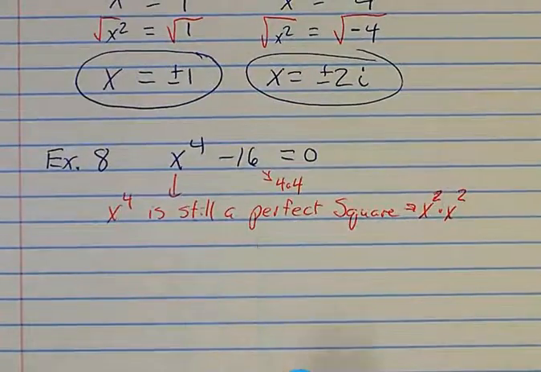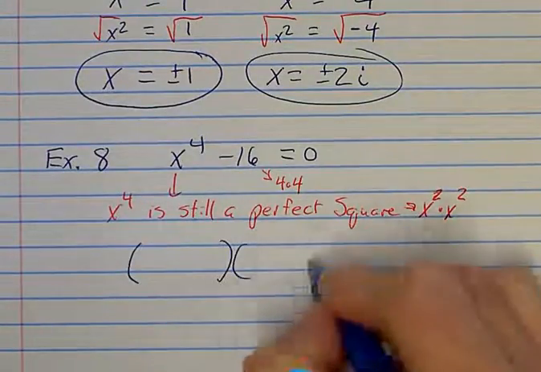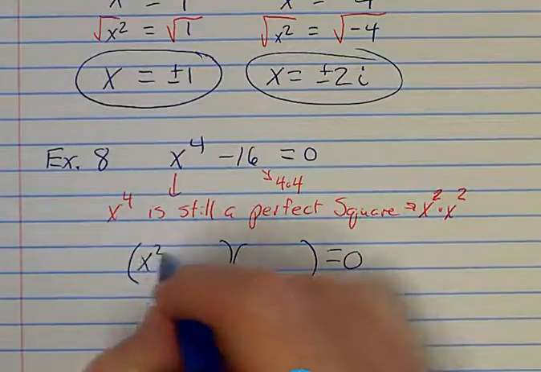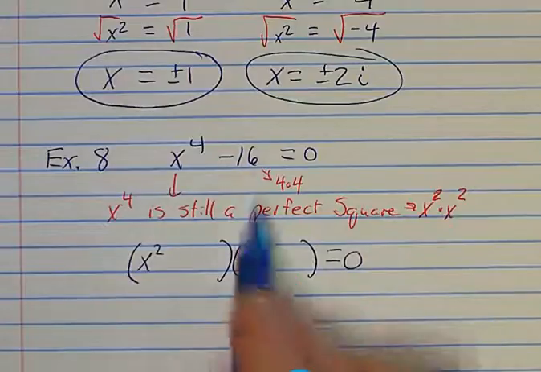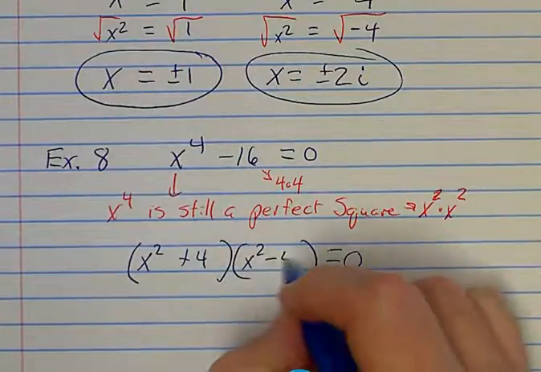So here's one where we have to break it up into parts. Perfect square wise, this would be x squared times x squared. The 16, then we could break it up as a plus 4 and a minus 4.